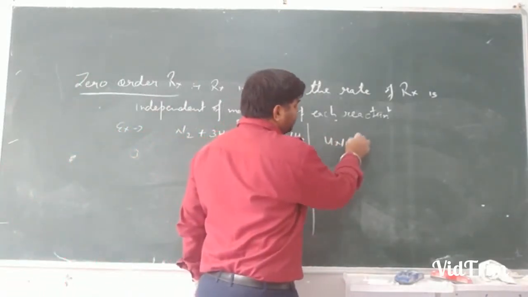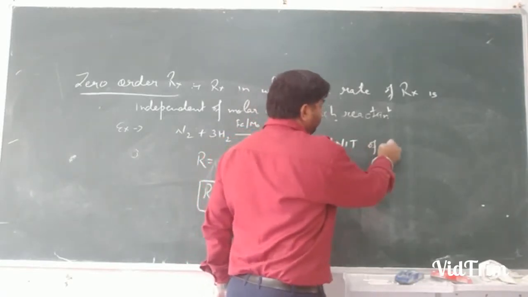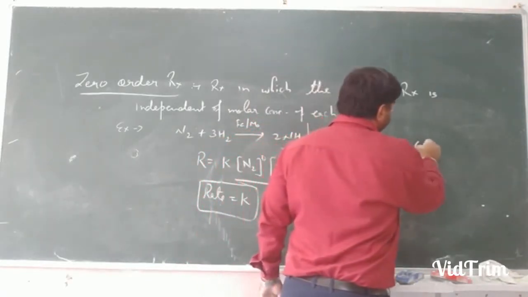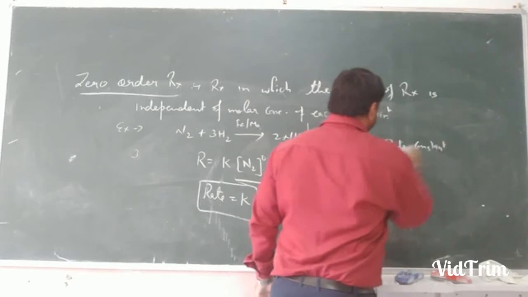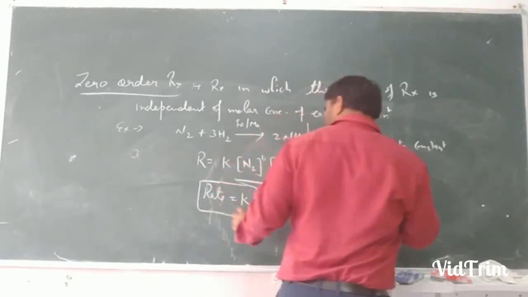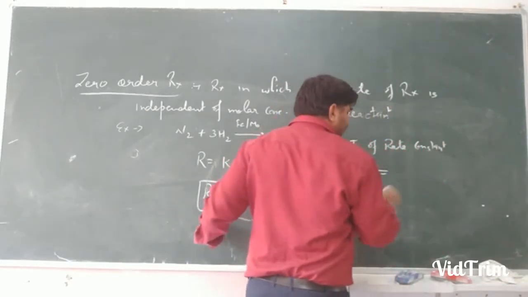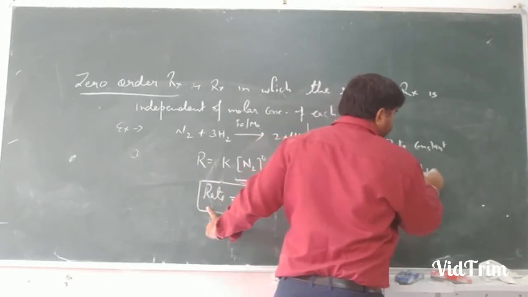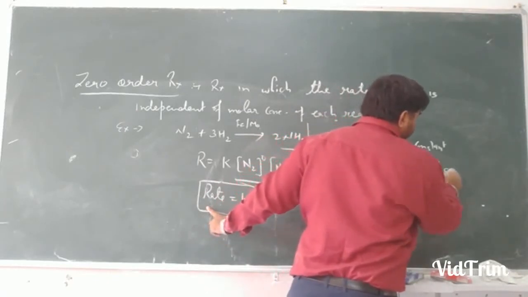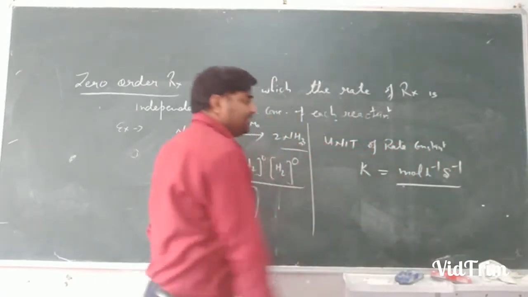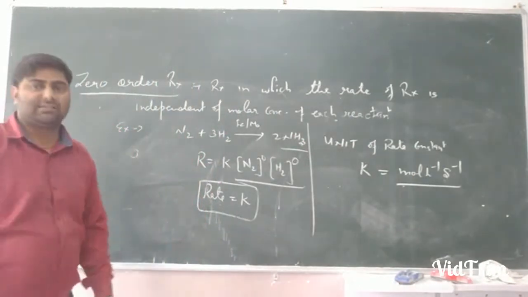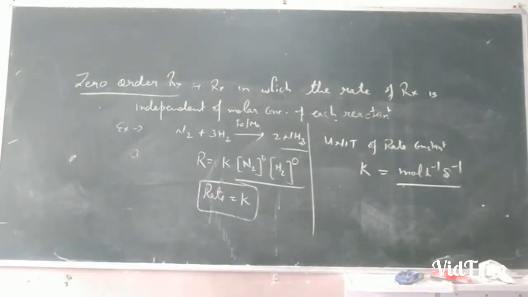For zero order reaction, the unit of rate constant K is equal to rate of reaction, and rate of reaction is change in concentration per time, that is mole per liter per second. Keep in mind, for zero order reaction, the units of rate constant are mole per liter per second.